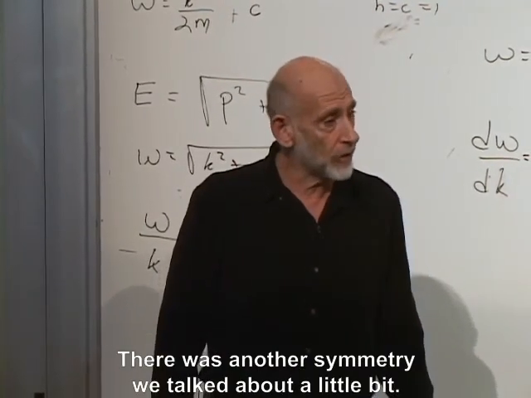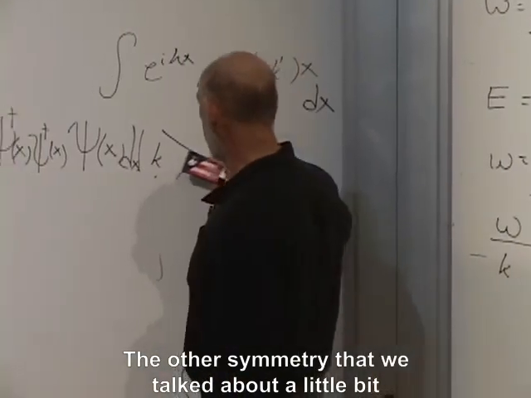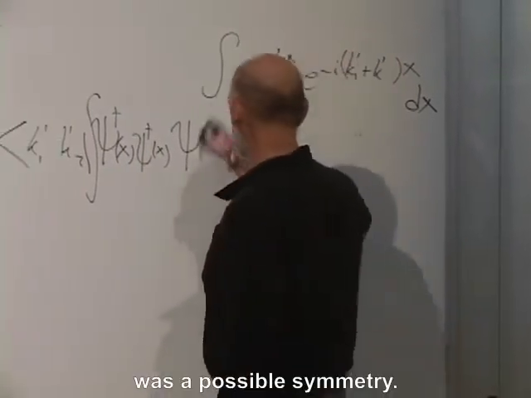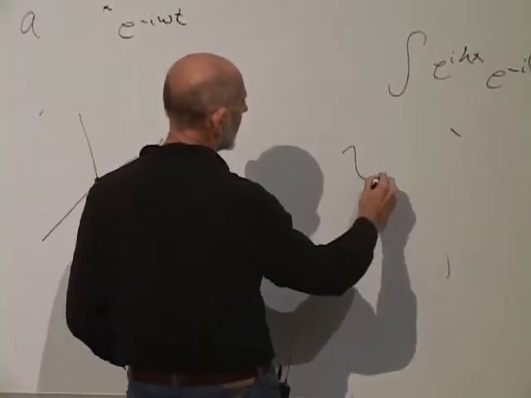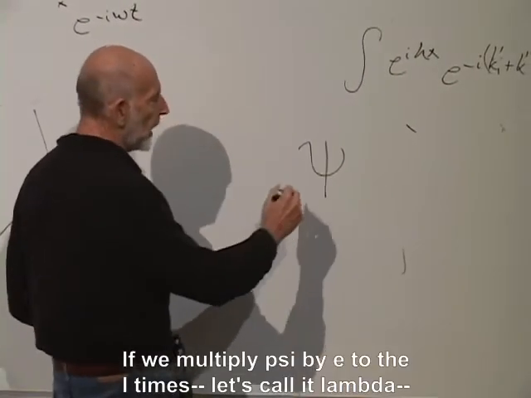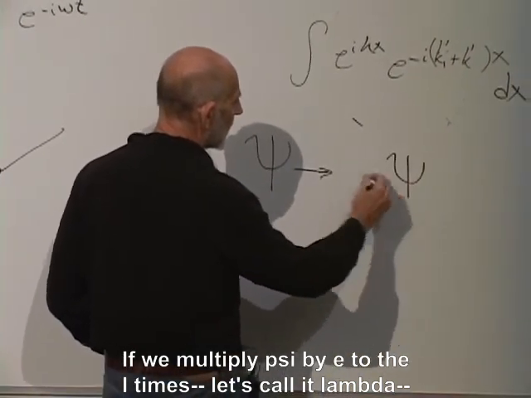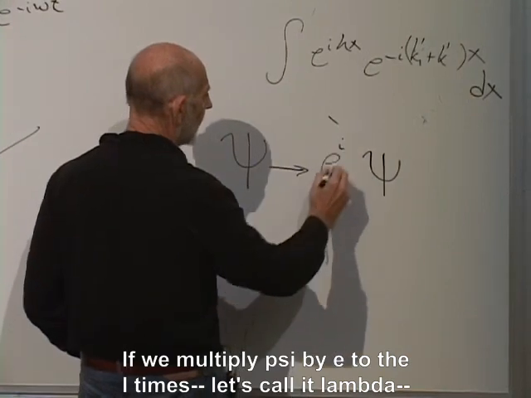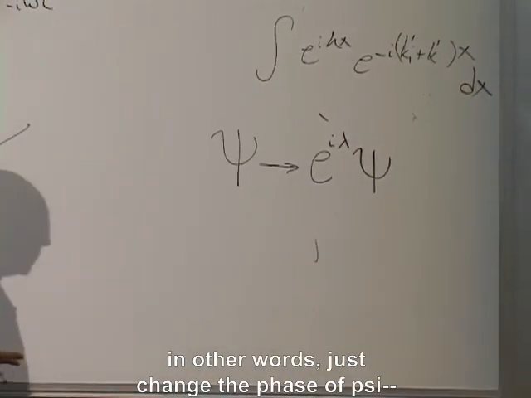There was another symmetry we talked about a little bit. The other symmetry was a possible symmetry if we multiply psi by e to the i lambda. In other words, just change the phase of psi.